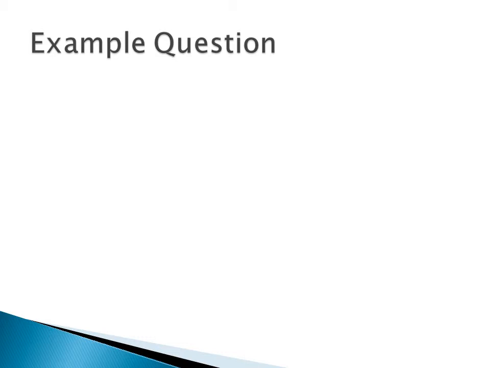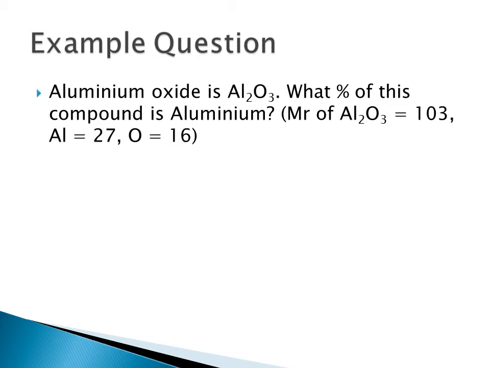Okay, a harder question. Aluminium oxide is Al2O3. What percentage of this compound is aluminium? Now they've given us the MR of the aluminium oxide and the weights of the aluminium and the oxygen. Now this initially looks exactly the same as the last question, but we have a 2, and that makes a difference.